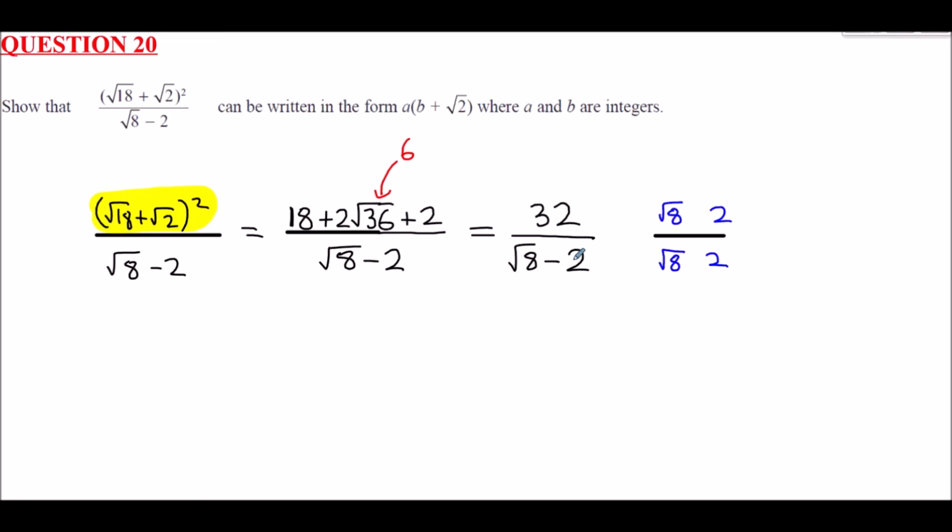If this was a plus, it would become a minus here. Because it's already a minus, we change this to a plus. So we multiply both top and bottom by root 8 plus 2. So what that gives us on the top, we have 32 multiplied by root 8 plus 2.